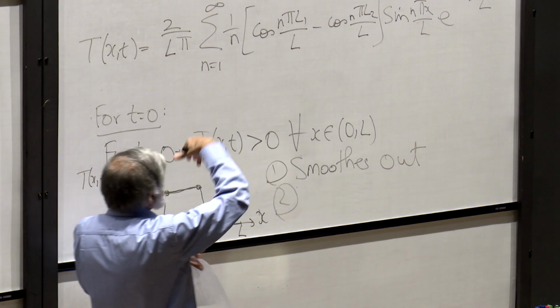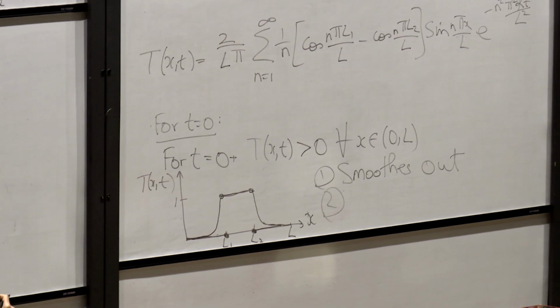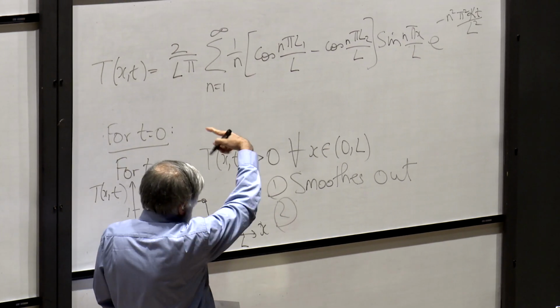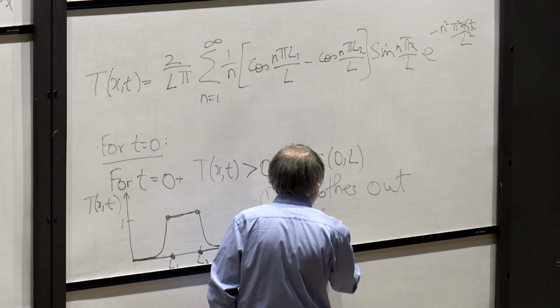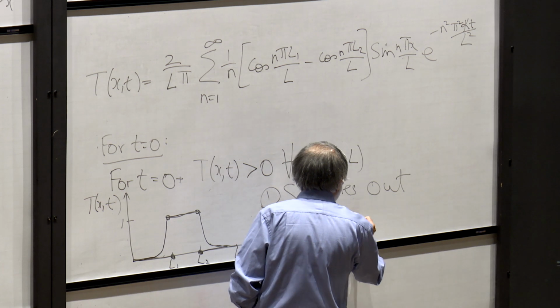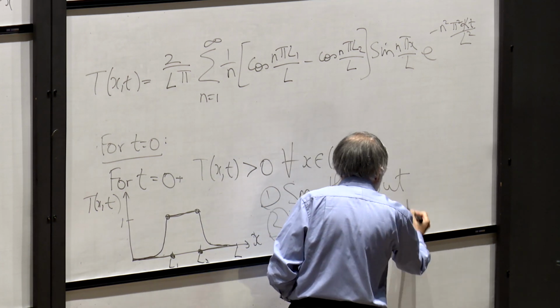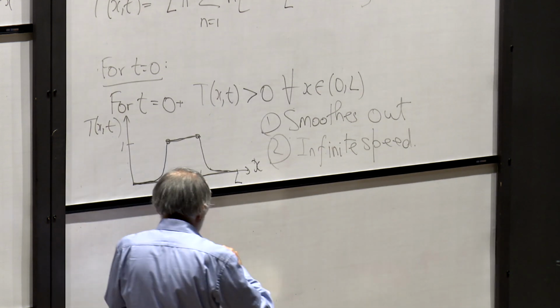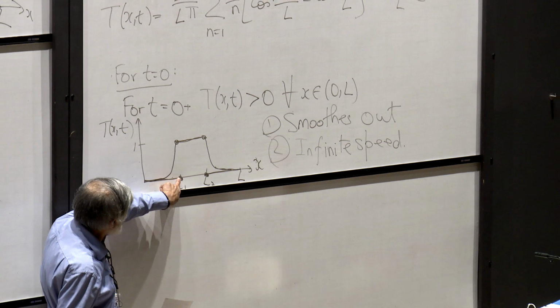And the way you can get that would be if you just plotted these solutions. And the second thing, if you plotted the series, is that it's got infinite speed, in the sense that you started off, it was 0 here to this point here.